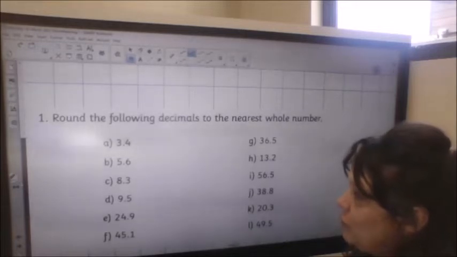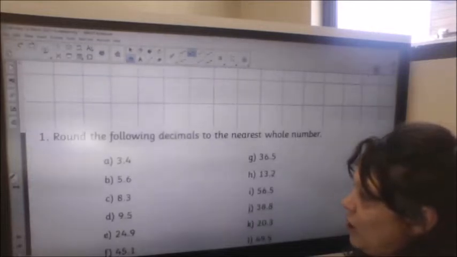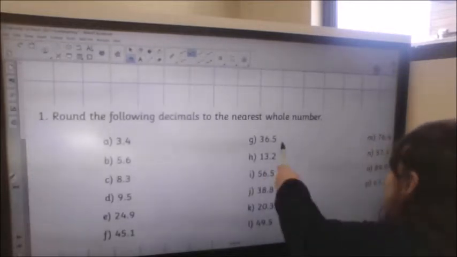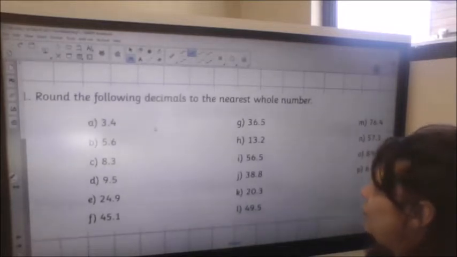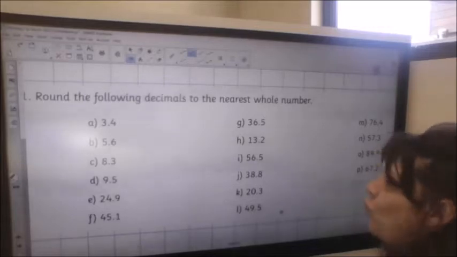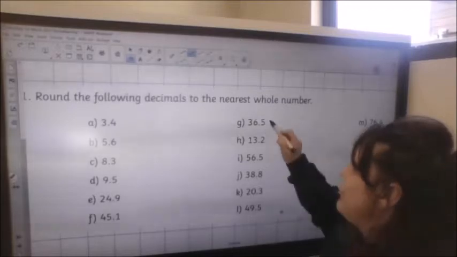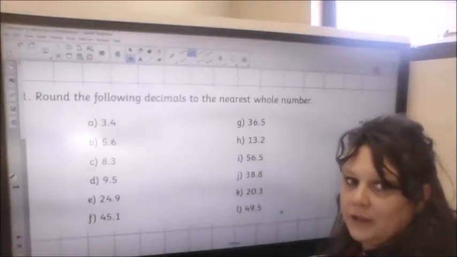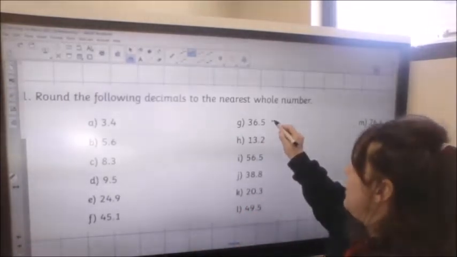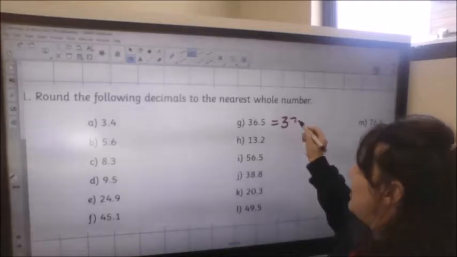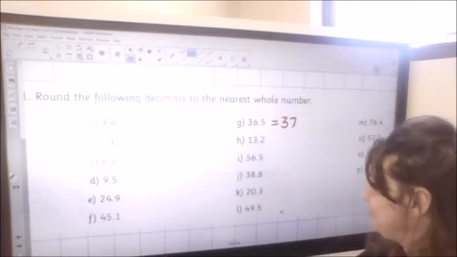Because you've seen some single digit ones, I'm going to show you just with this one here how easy double digits are if you've got tens and ones as well as decimals. So here, 36.5. Well, 5 or more, I round up. So that becomes 37. Easy peasy lemon squeezy, isn't it? I'll do one more.